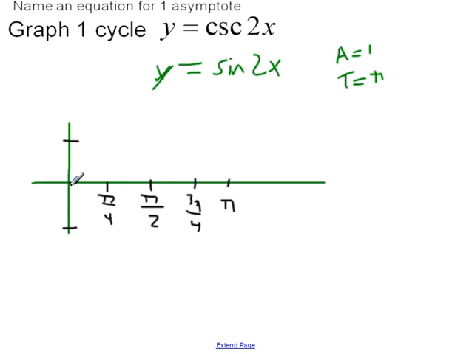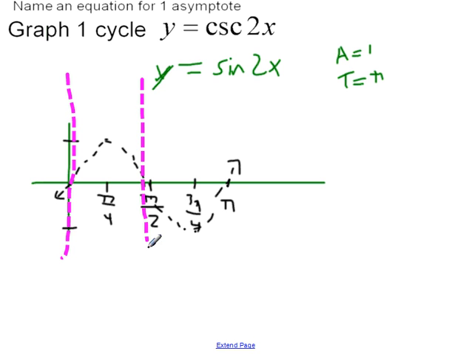So a sine graph would start here, go to there, come back down. So it looks like that.